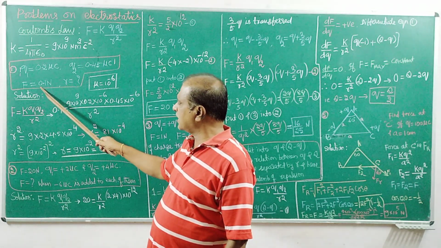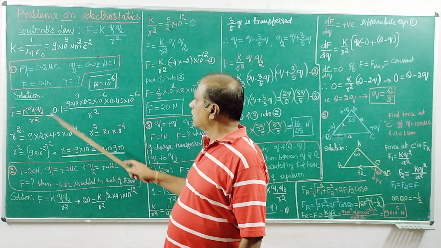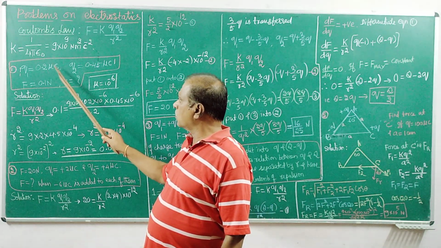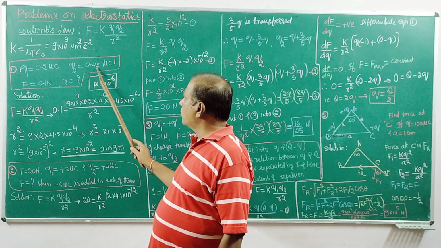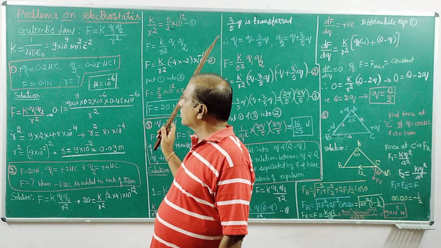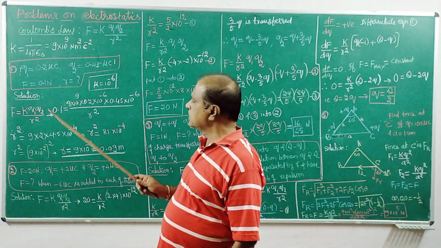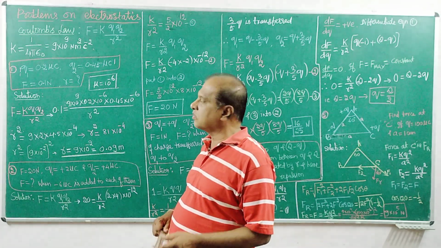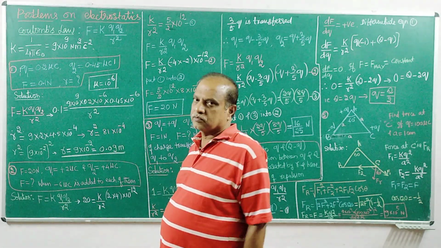So the electrostatic force experienced by charges of magnitude 0.2 microcoulomb and 0.45 microcoulomb is 0.1 Newton. If that is the case, what is the distance of separation between these two charges? That is what is asked.